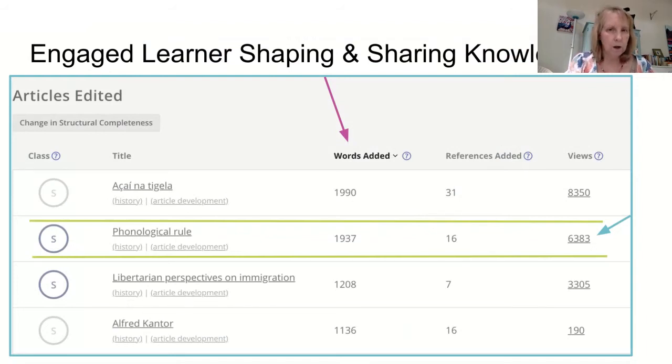This was last fall, but here I've got highlighted in green the phonological rule, a philosophy topic. So this student added almost 2,000 words to the article. He added 16 references to it. And at the point I took this screenshot, there were over 6,000 views of the article since he started working on it. So this really shows the impact.